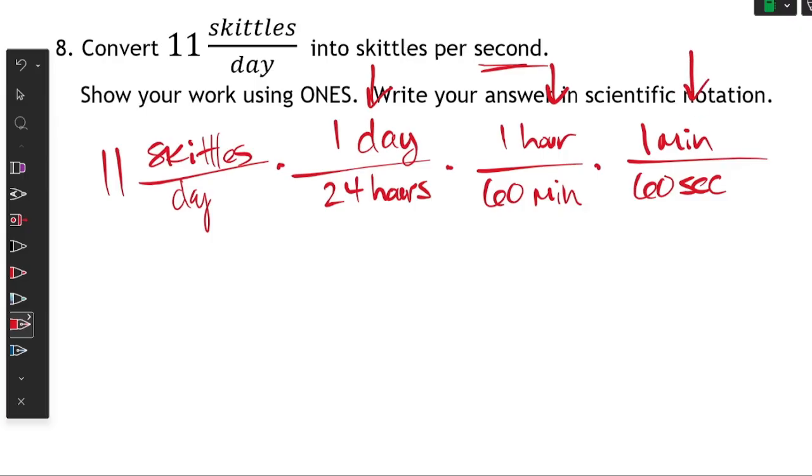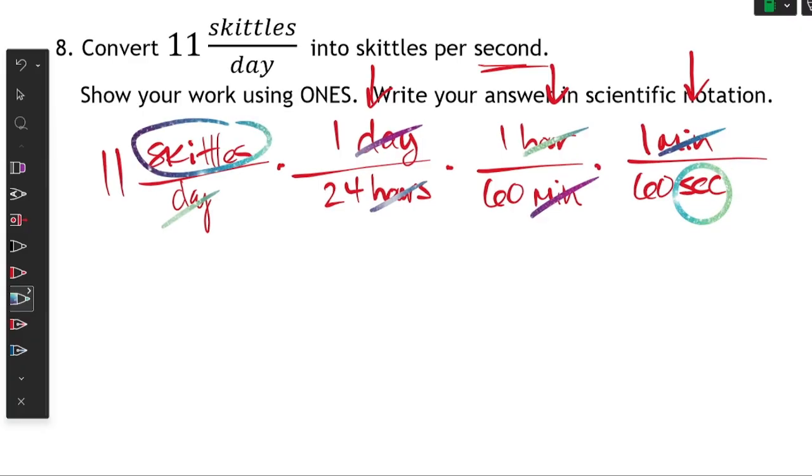So 11 Skittles per day times 1 times 1 times 1 is still 11 Skittles per day, but my units are going to change. I've got days that are going to cancel with day, hour that's going to cancel with hour, and minute that's going to cancel with minute. And the only units that remain for time are seconds, right? And we still have our Skittles.